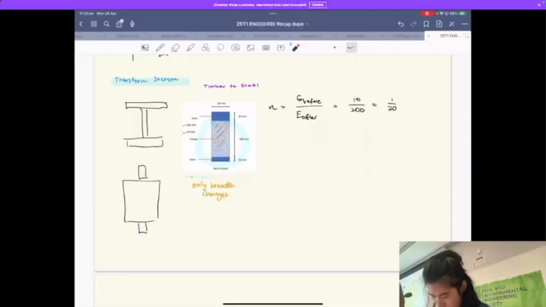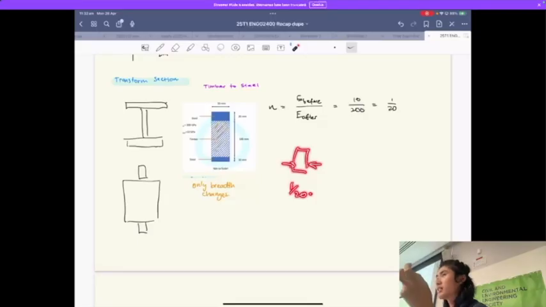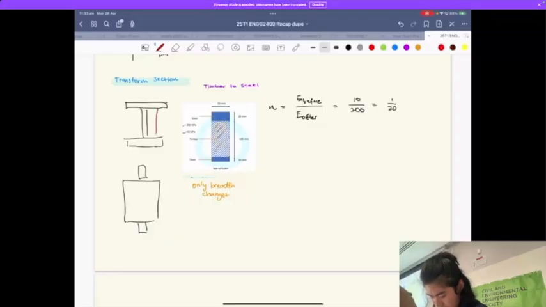Instead of the timber elongating by 1/20 and the steel staying the same, that doesn't happen. These heights and depths maintain the same height, but the breadth changes. So this will still stay as 100 millimeters.